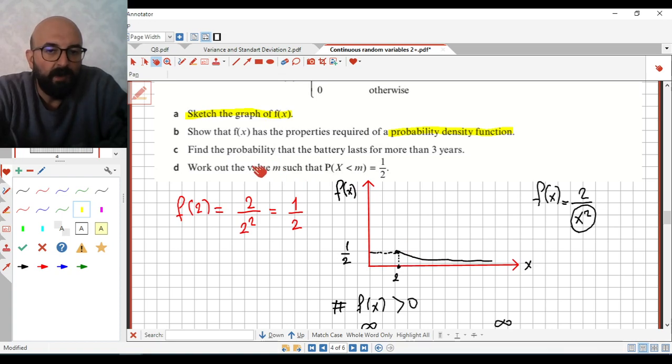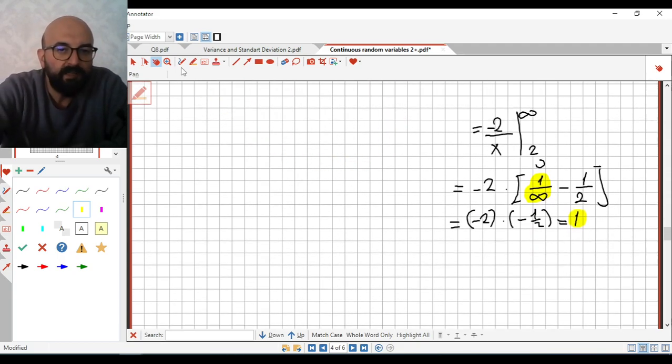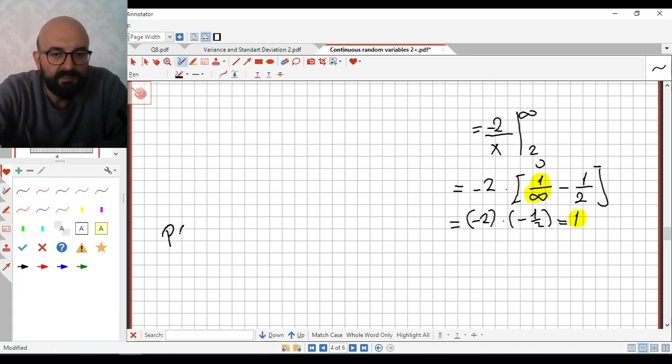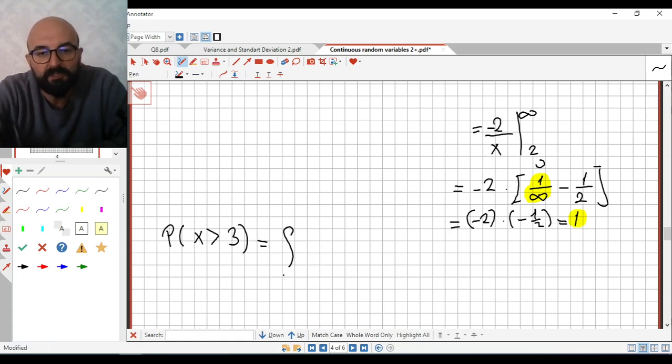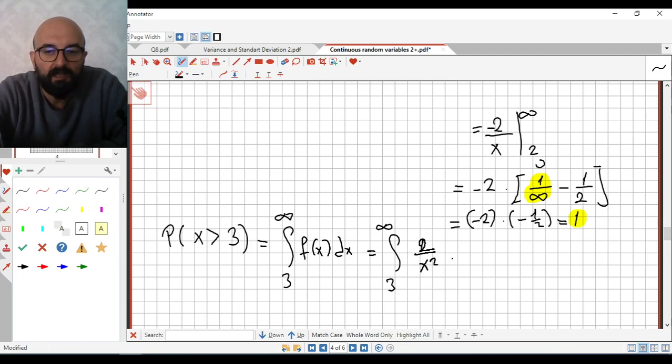And the other one: find the probability that the battery lasts for more than 3 years. So find the probability of x greater than 3. It means the integral from 3 to infinity of f(x) dx. So it should be the integral from 3 to infinity of 2 over x squared dx.